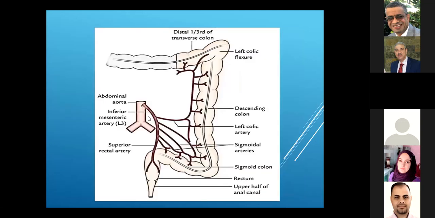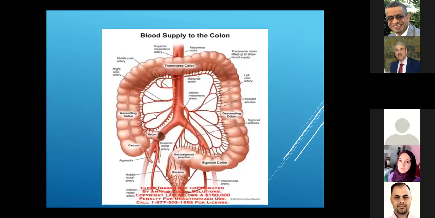This picture is for the inferior mesenteric artery, for the part derived from the hindgut. The first one, the left colic, supplies the distal one-third of the transverse colon and the descending colon, sigmoid for the sigmoid colon, and the superior rectal artery for the upper rectum. In this picture, we show there's anastomosis between the branches of the superior and inferior mesenteric arteries, resulting in the marginal artery of Drummond.